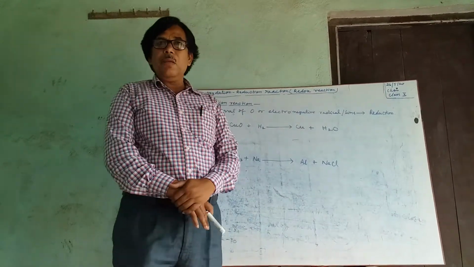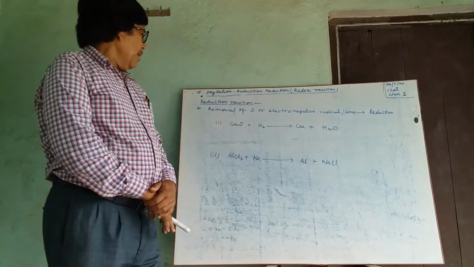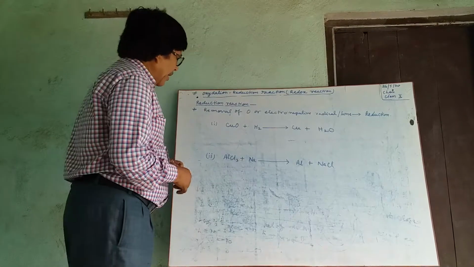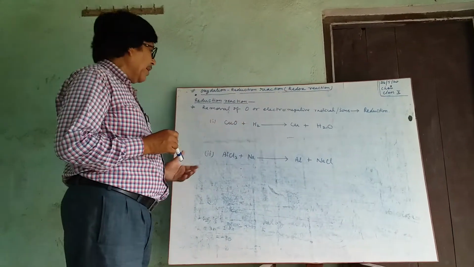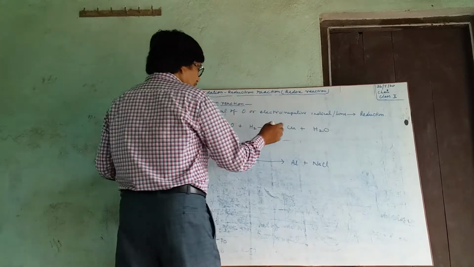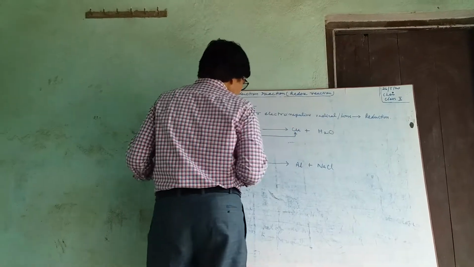I have already mentioned to you electronegative and electropositive. Take an example of a chemical equation. When CuO, copper oxide, and H2, hydrogen, react, the copper is separated from its oxide.